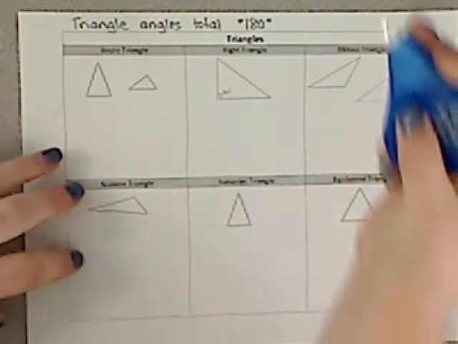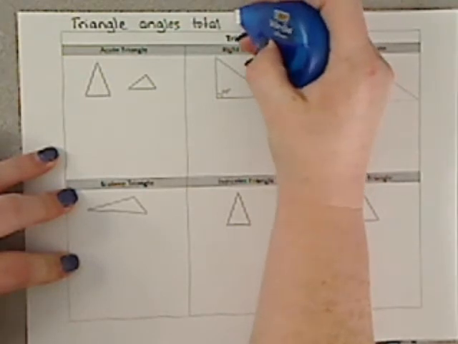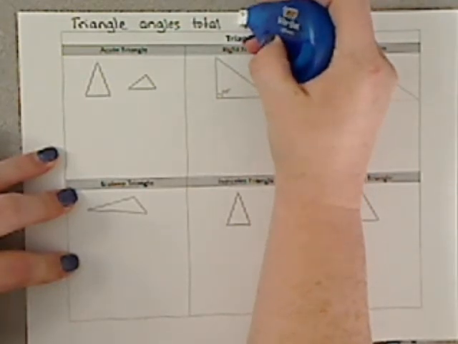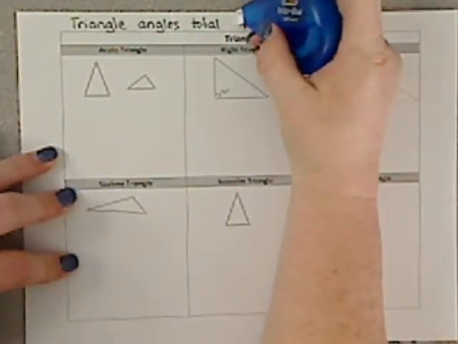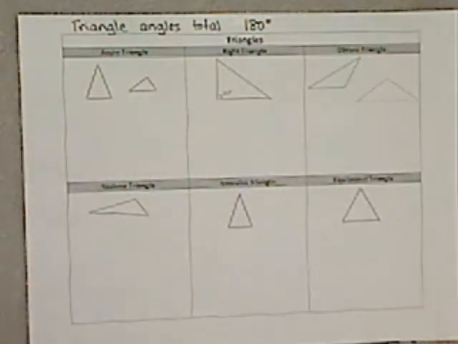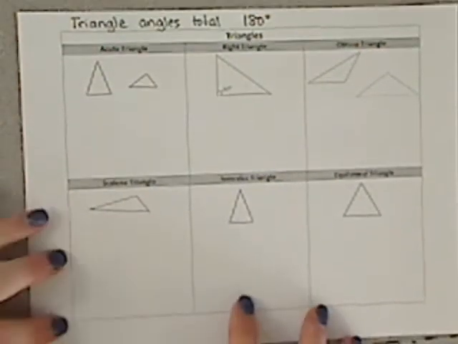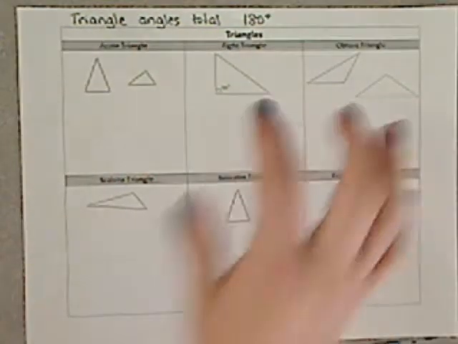No matter the triangle, all triangles' angles add up to no more than 180 degrees. And this is really important when we start talking about right triangles and obtuse triangles.